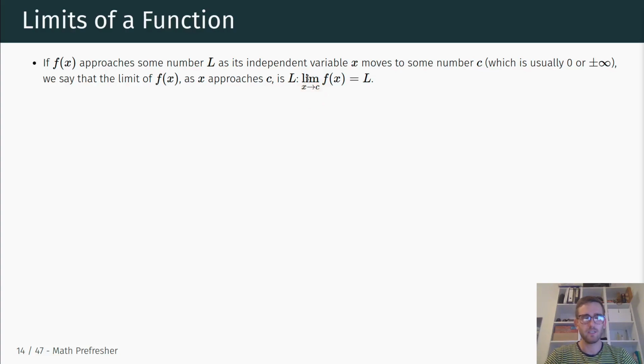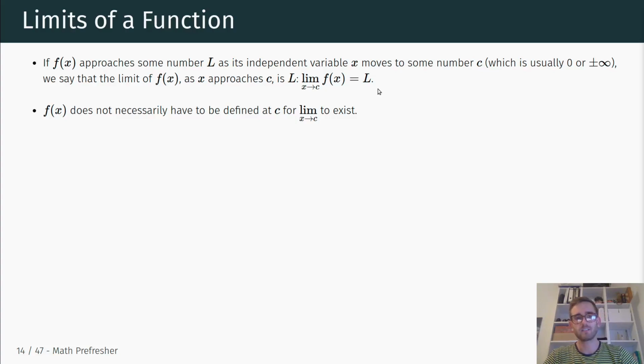We see the limit of x approaching c of f of x is equal to L. Okay, so that's how we write the limit. It's important to note that f of x does not necessarily have to be defined at c for the limit of x approaching c to exist, right?